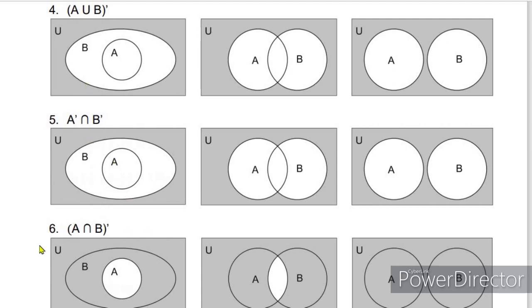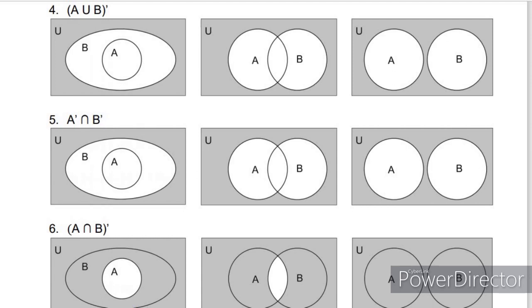Number 6. Now we will distribute the complement. So A complement and intersection now will become a union. So A complement union B complement. For the Venn diagram, we will first think of all the elements that are not in A, because it will become A complement. And now we will think of all the elements that are not in B, so it should be outside set B. Now we will just join them.